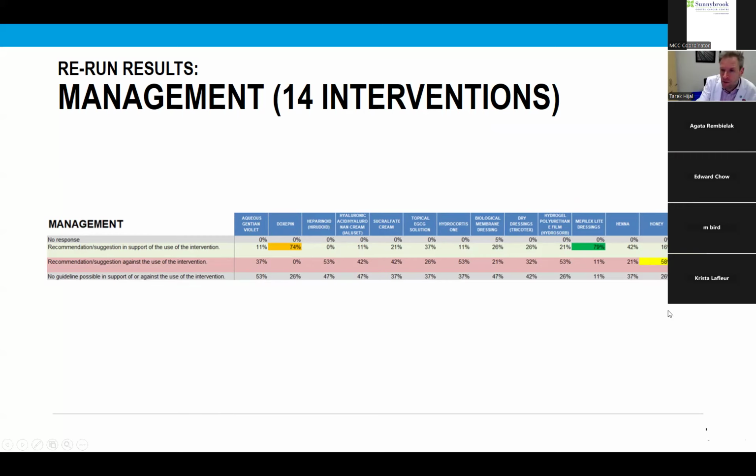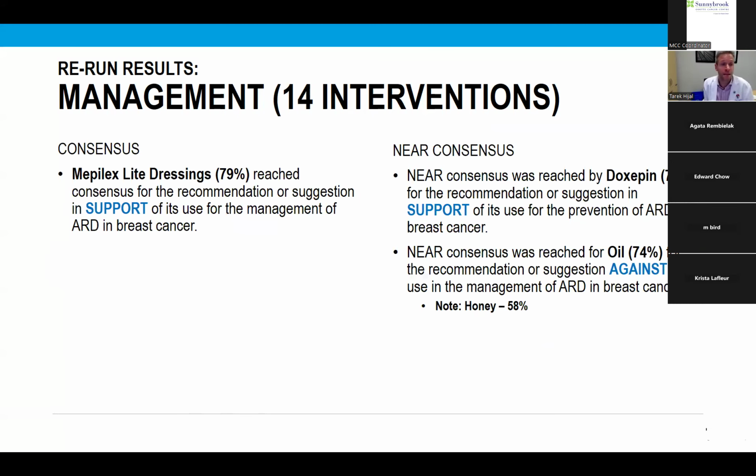And you can see in green Mepilex light dressing, and then you can see here a few other near consensus, either for or against. So what does it look like? Mepilex light was supported. Near consensus was for doxepin, and near consensus against was reached for oil, with honey at 58%.